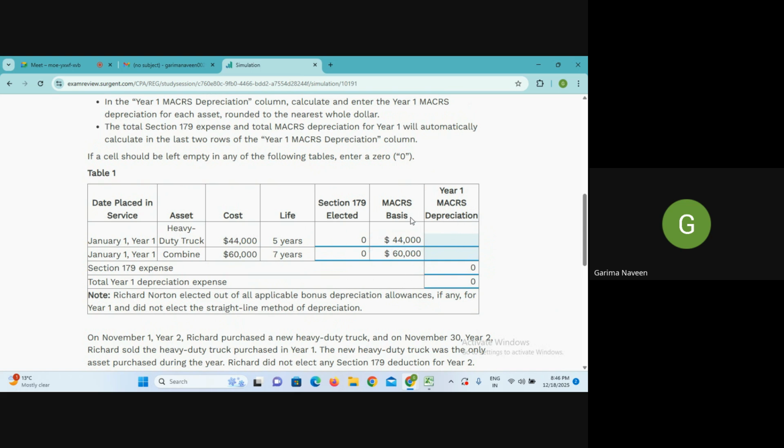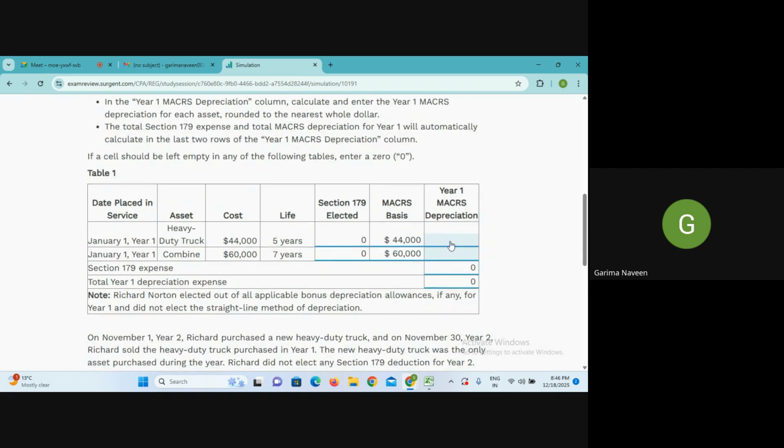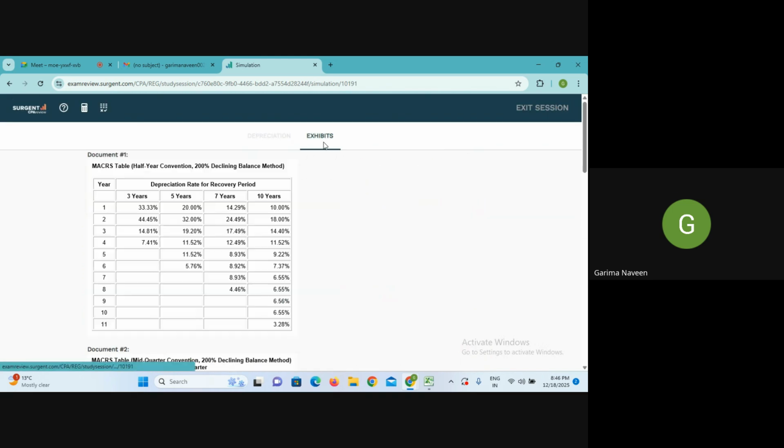Okay. So for 5 and 7 years, they are giving you the percentage of 200%. So calculate the depreciation amount. For 200%, the percentage is given for 5 year property: for the first year 20%.